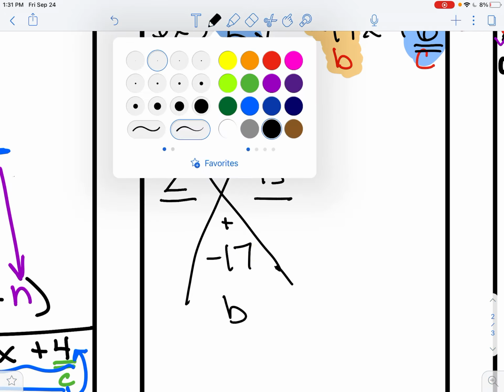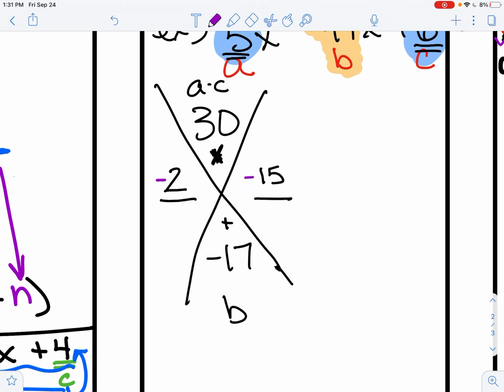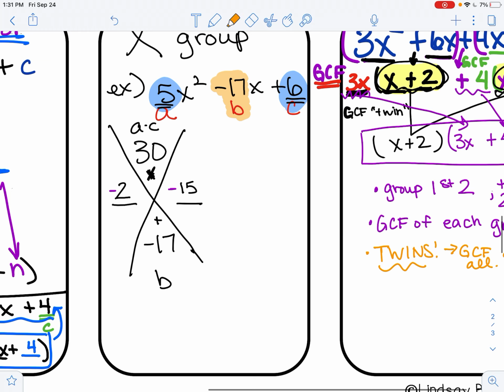No, not right now, but what if we made both of them negative? Can these multiply to a positive 30? Yes. Do negative 2 and negative 15 add to negative 17? Yes. Perfect. So now we have those numbers that make up the negative 17 that we have here.